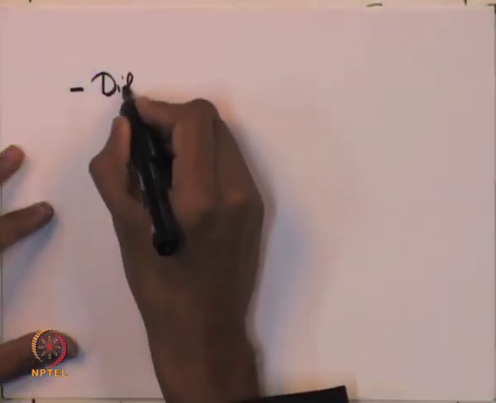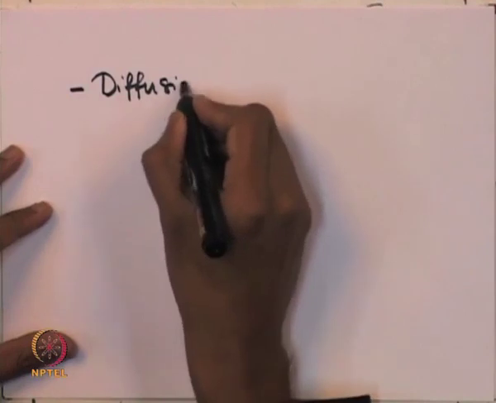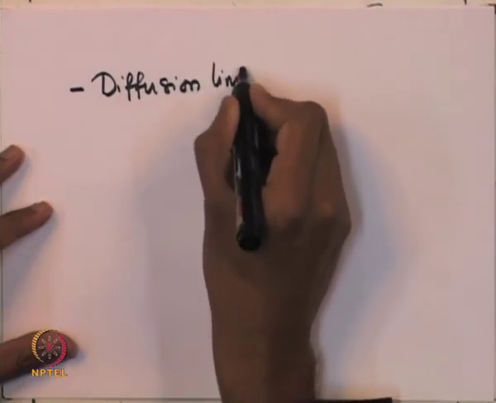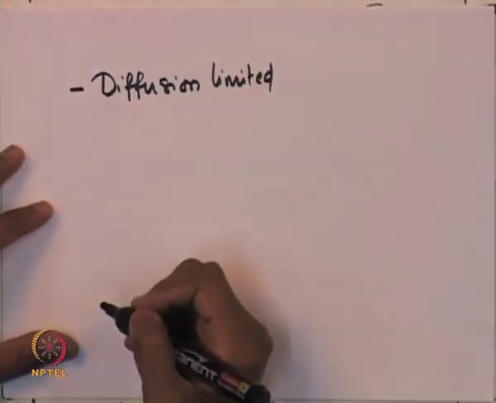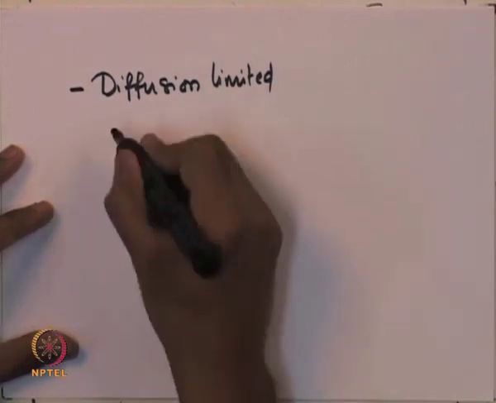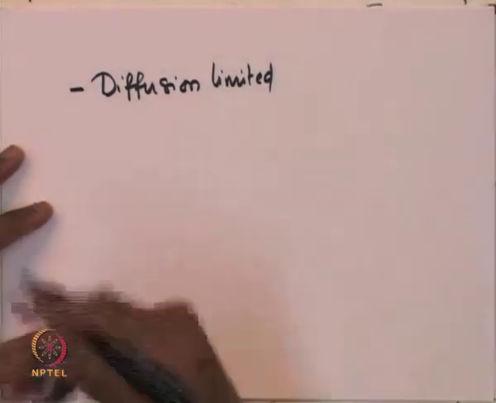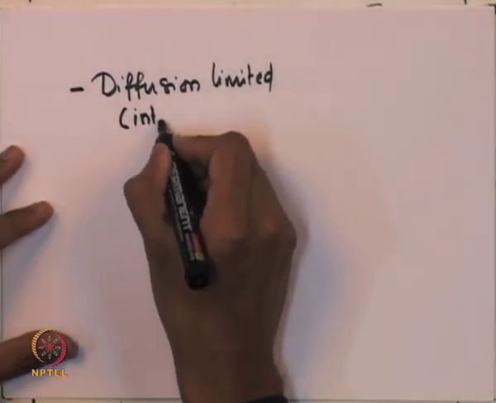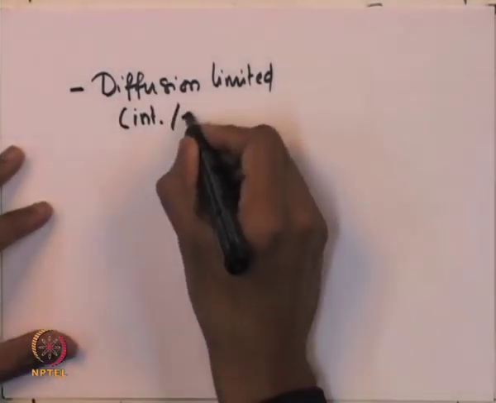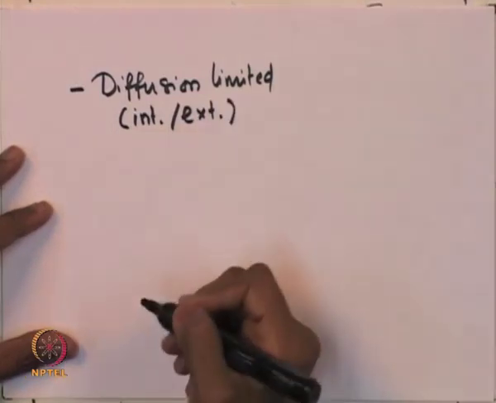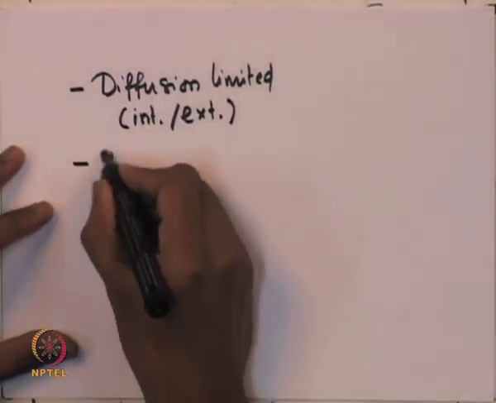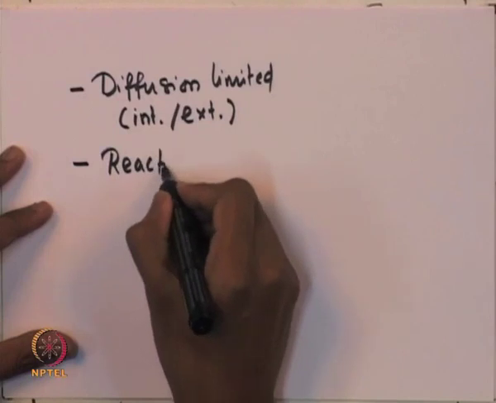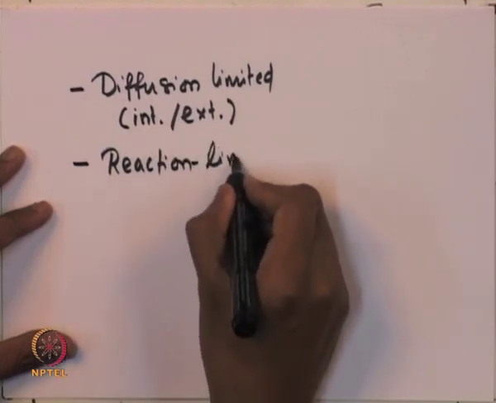One can be the external diffusion. So, diffusion limited reaction conditions can be either internal diffusion controlled or external diffusion controlled. The other possibility is where the conditions are reaction limited.